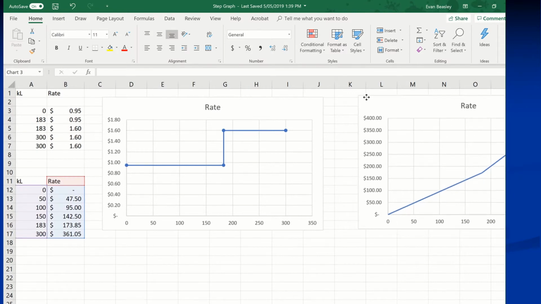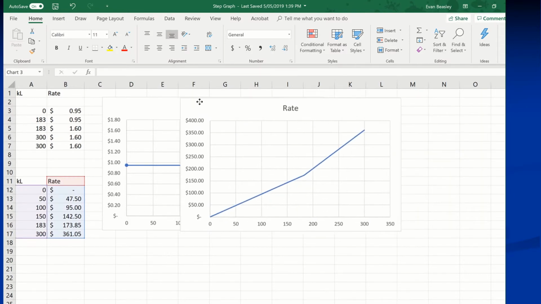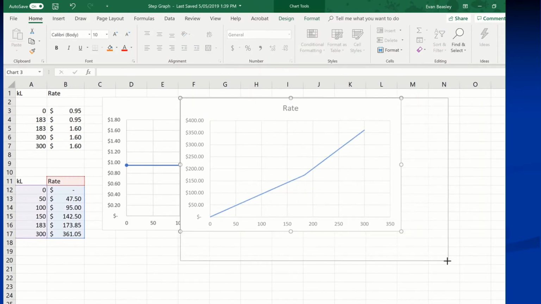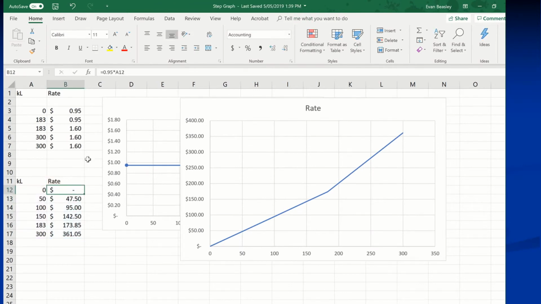If you have a look over at our piecewise linear graph here, what I have done is I've just said, well, at 0 you got charged 95 cents. So at 50 you got charged 95 cents. So I just put this in to help the scale. In fact, I don't even need to put that in until I get to 183. I would have to maybe put a 0 there.